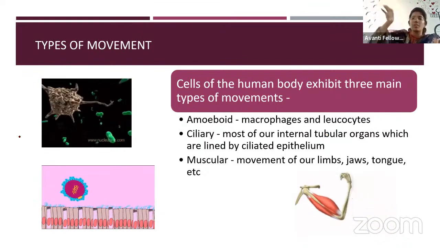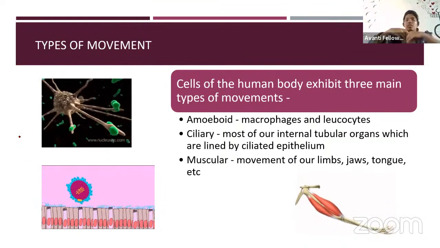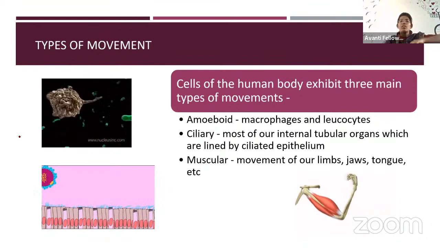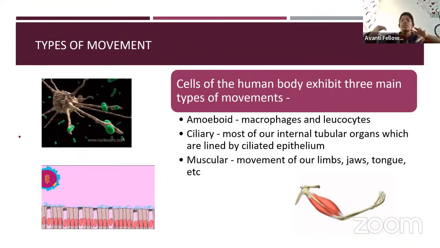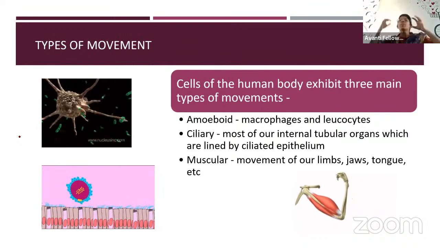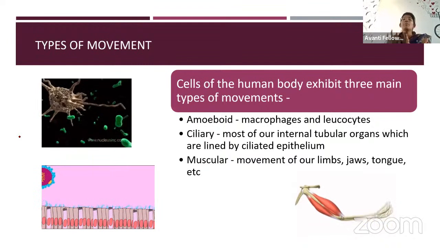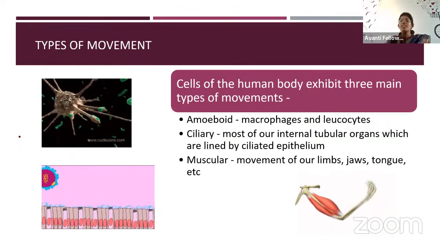In the first image you can see, they are going to extend their body structure, where they'll be capturing the microorganism. So by changing the shape, by extending their body structure, they will be capturing the microorganism, or they'll be capturing the food. This is what is called amoeboid movement.